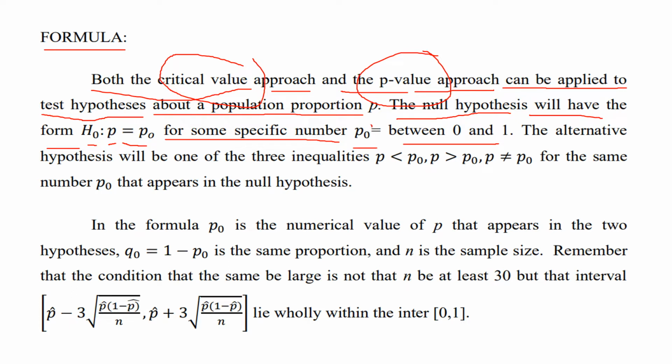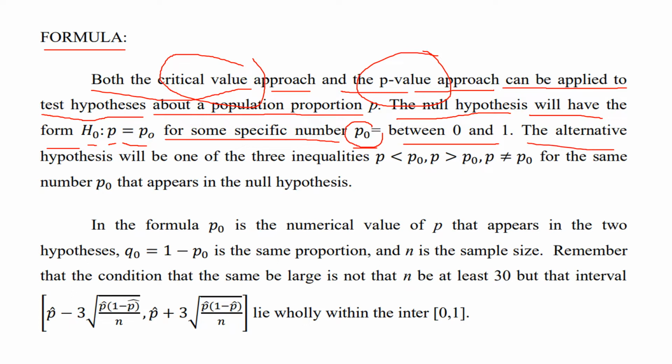The value of p sub 0 will fall between 0 and 1. Why? Because q sub 0 plus p sub 0 is equal to 1, so there is no room for p sub 0 to be equal to 1 or equal to 0.